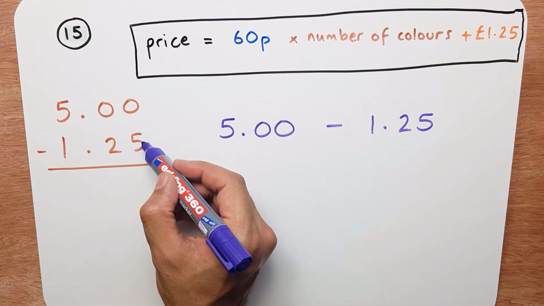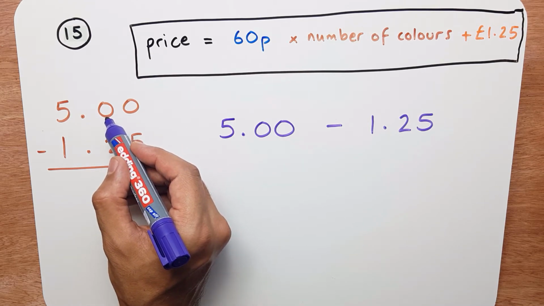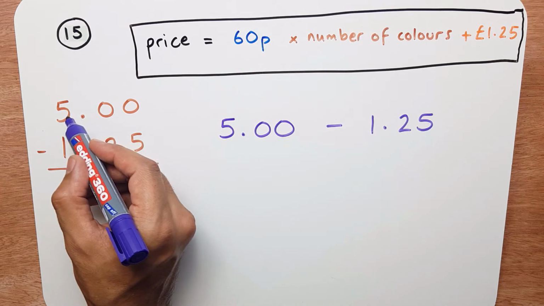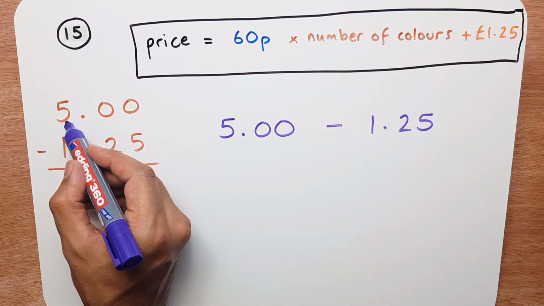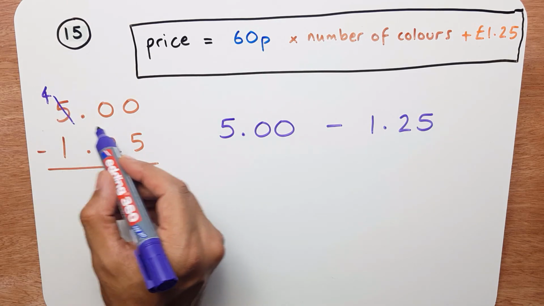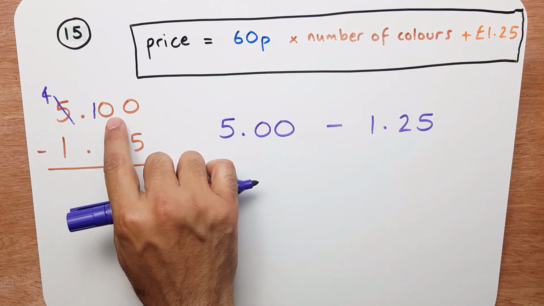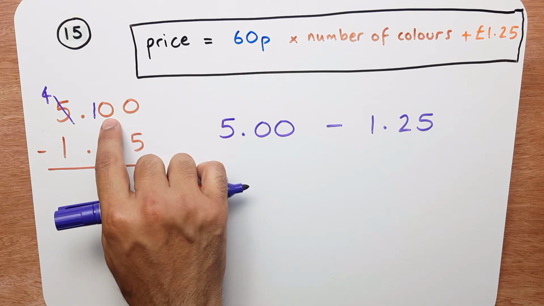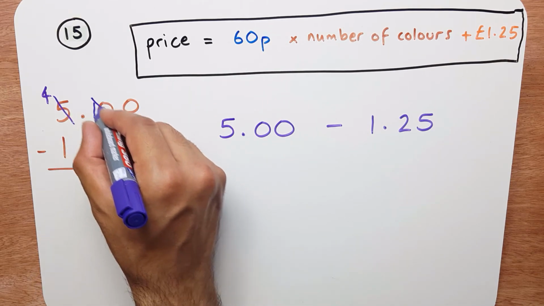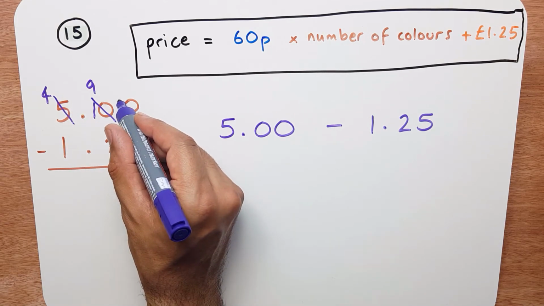0 take away 5 we can't do, so this 0 has to go to its neighbour and borrow 1. It can't, so this 0 has to go to this column to borrow 1. So we cross out the 5 and it becomes a 4. Now the one we've borrowed turns that 0 into a 10. Now this 0 can borrow 1. So we cross this 10 out and it becomes a 9. So now this 0 becomes 10.